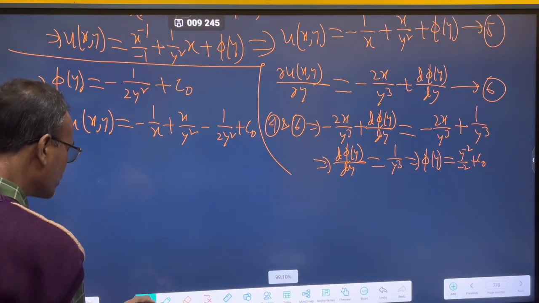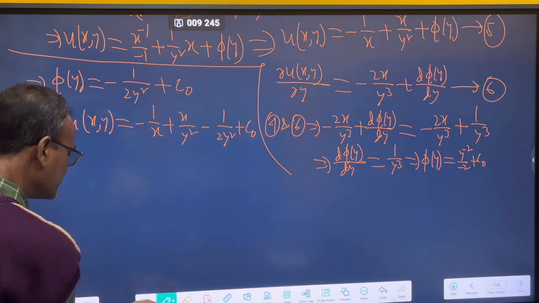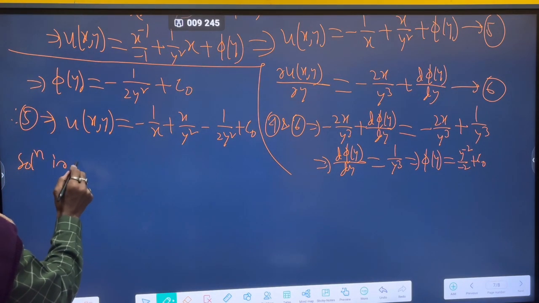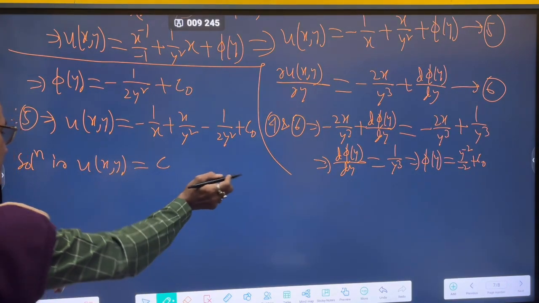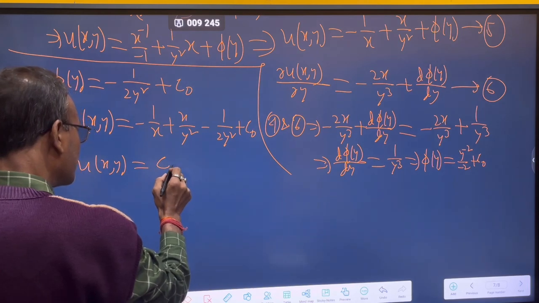The solution of the differential equation is u(x,y) equals constant c1.